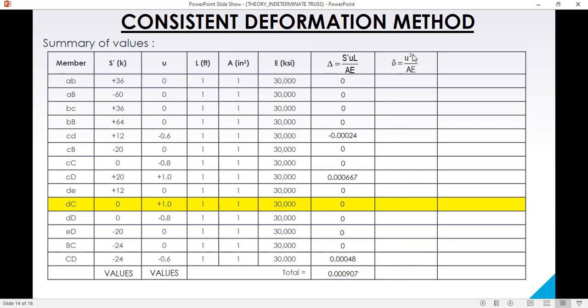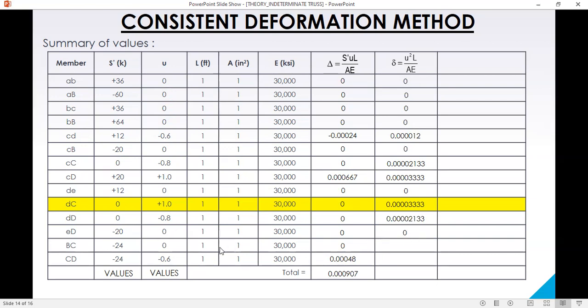Next, delta, U squared L over E. So, for 0, U, 0 all. 0.6 squared times L over E, we have this one. U squared, 0, 0.8 squared L over E. 1 squared L over E. 0, 1, same. 1, same value. 0.8, same.